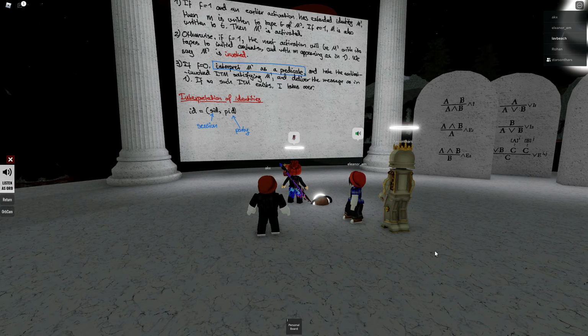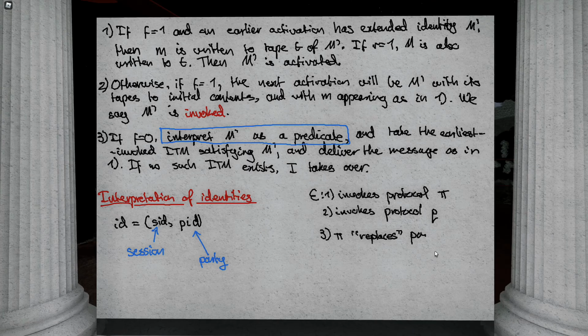So the purpose of this predicate business is, what might happen is the environment invokes protocol pi, and then invokes protocol rho. And then pi replaces, in some sense that I will eventually make precise, but not yet, part of rho.